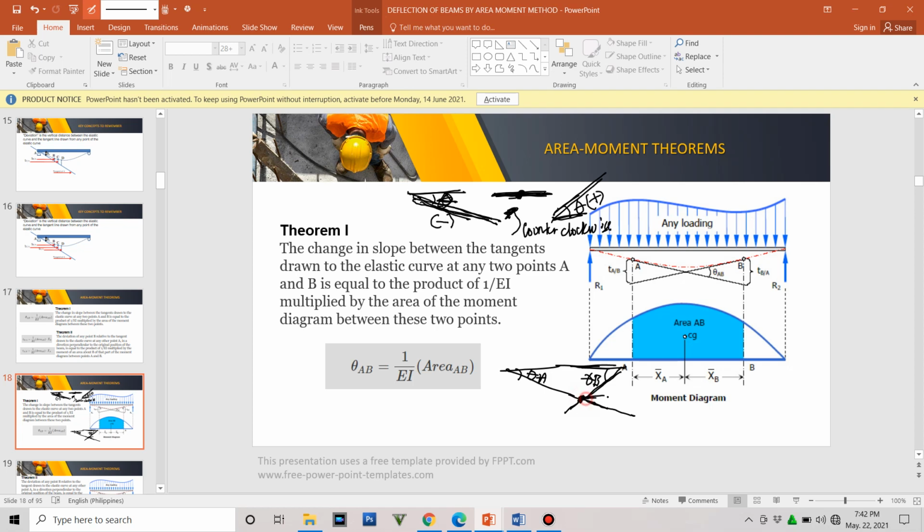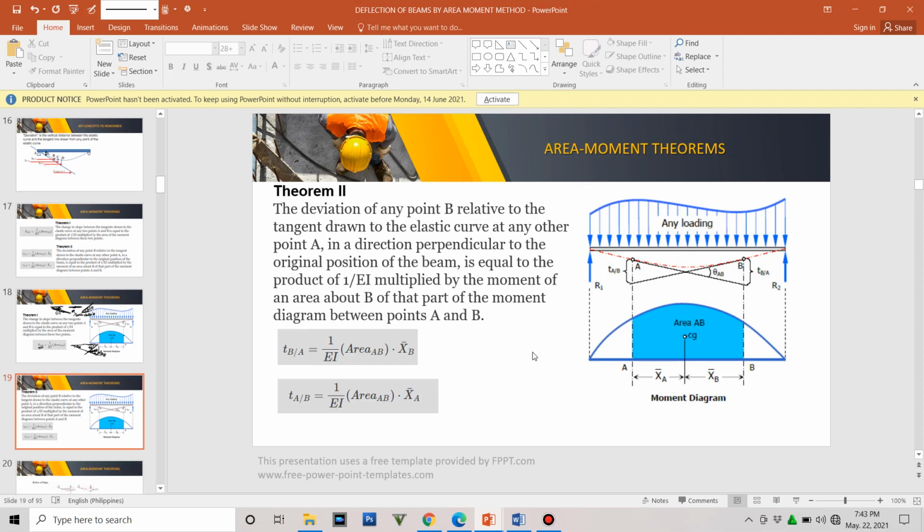So, remember in your geometry, ito yung theta A at ito rin yung theta B. And yung kabuang angle niya is actually theta AB. So, between the 2 points, point A, point B, kung ano mang area ng moment diagram mo, yun yung consider mo for this slope or the change in angle between A and B. Okay? So, that's it.